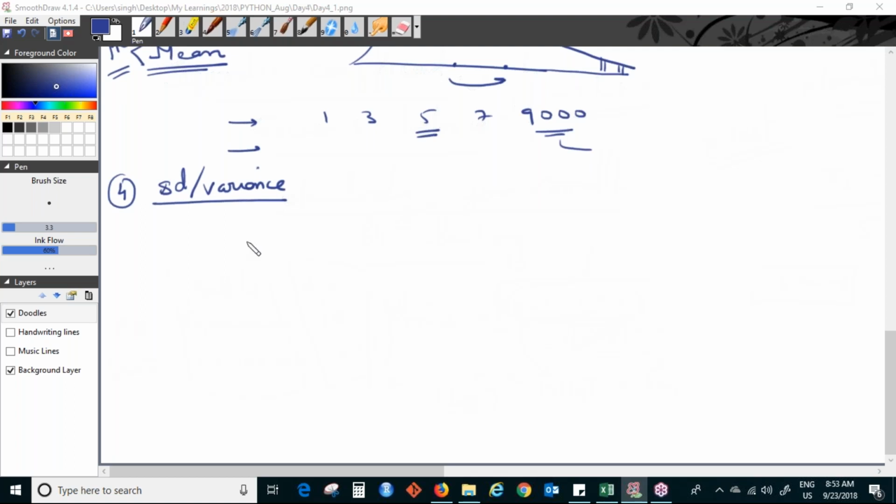Now, what is the formula to measure standard deviation? We saw the formula also. The English definition is the root mean square of deviations from average. If you have to write it in maths, you start from the right hand side.